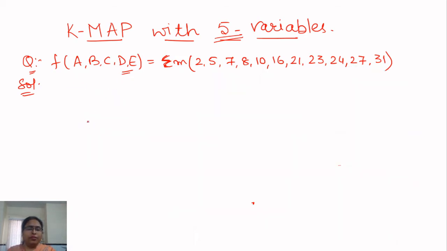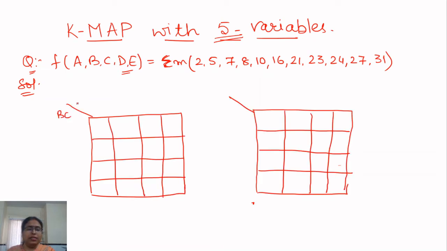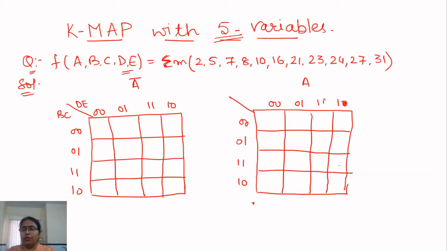Now let us draw two K-maps with 4 variables B, C, D and E, and this is for A bar and this is for A, right? The labels are 00, 01, 11, 10 along each axis.